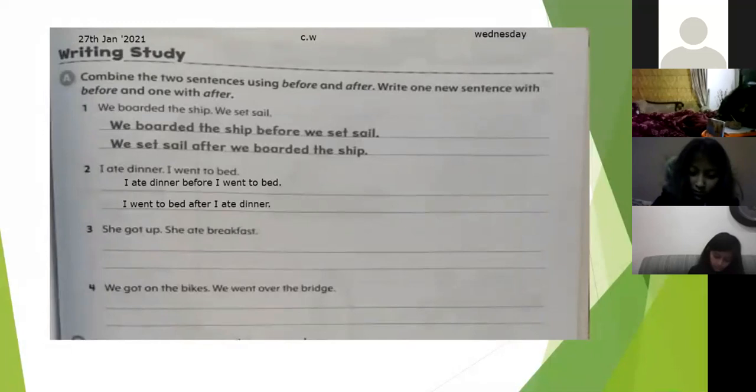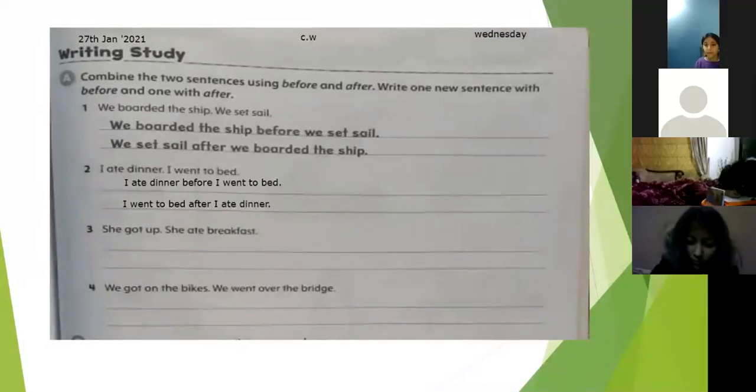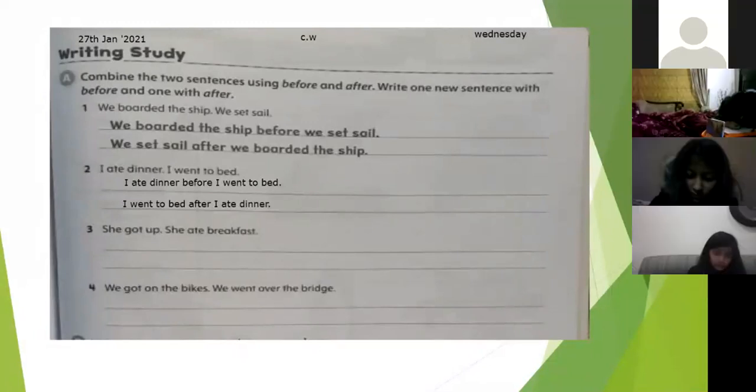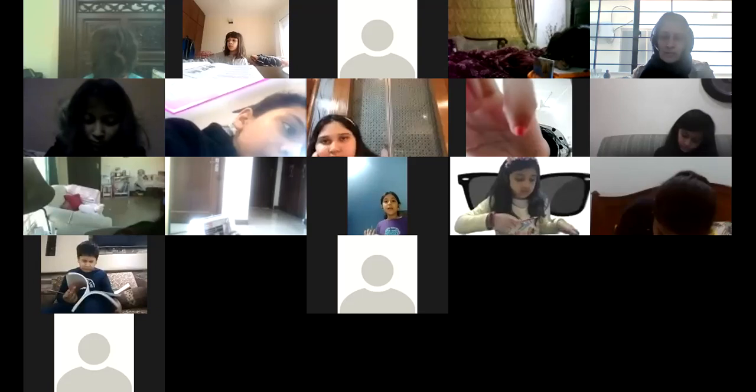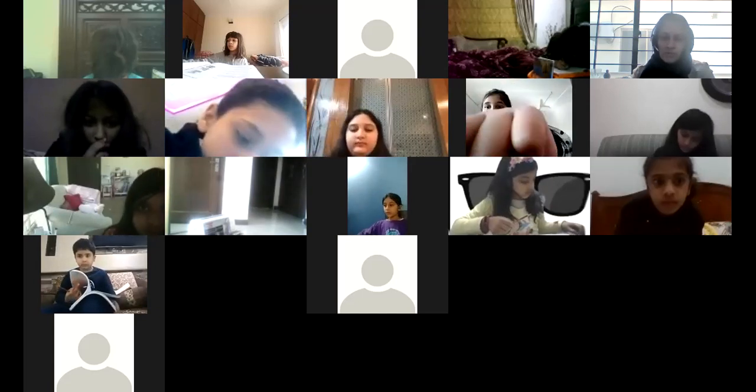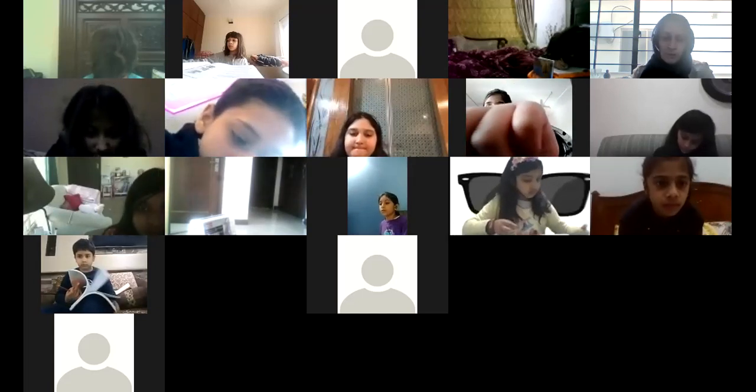So that's how you will write down. Write it down yourself, the third and fourth one, okay? You will write it down yourself, okay? So I'm stopping sharing it. I know you can do it. It's not difficult at all. You can do it yourself, okay?